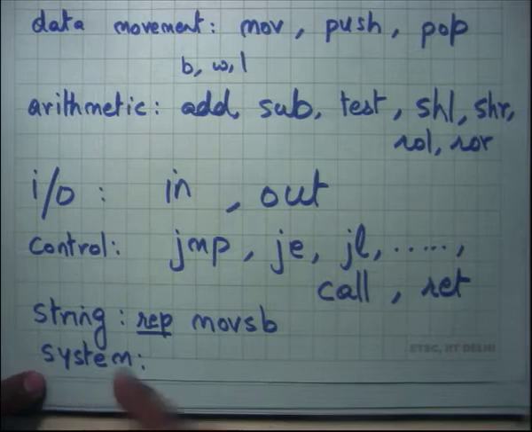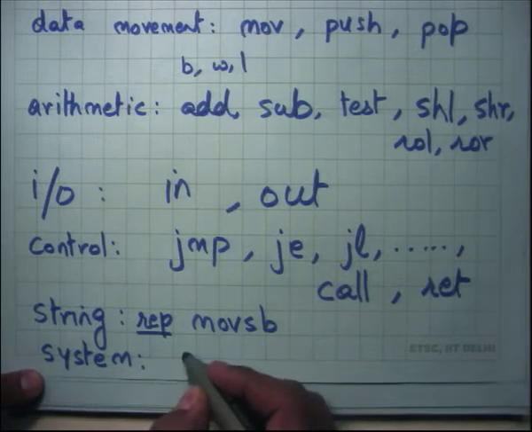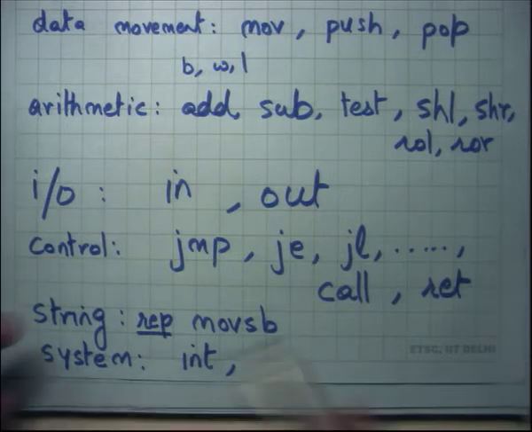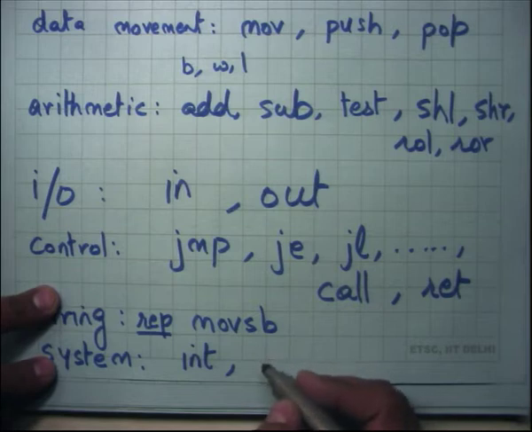But then there are special system instructions which allow you to, for example, raise an interrupt. It's called a software interrupt instruction, which emulates that I have received an interrupt. How it's used and what it means, we're going to look at in a moment, but just to give you a flavor of what exists.